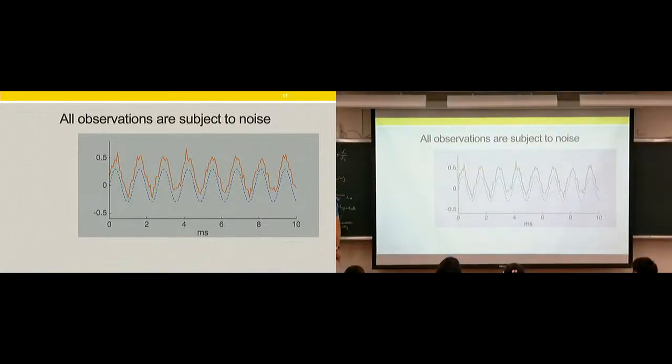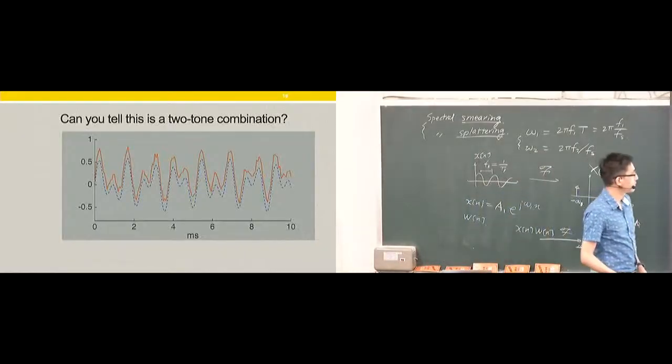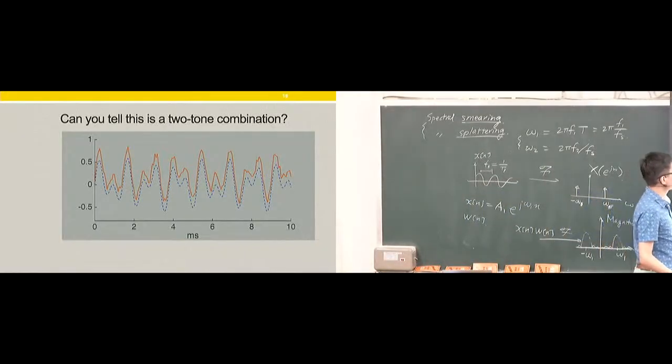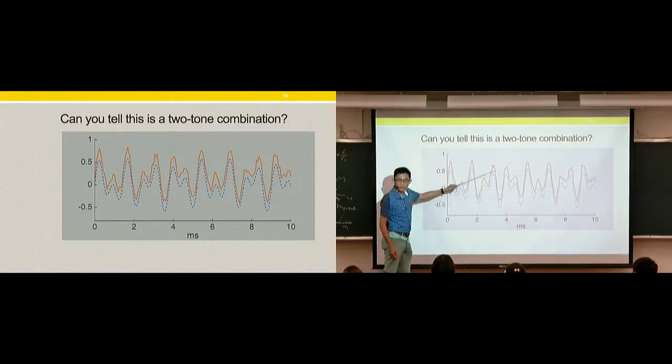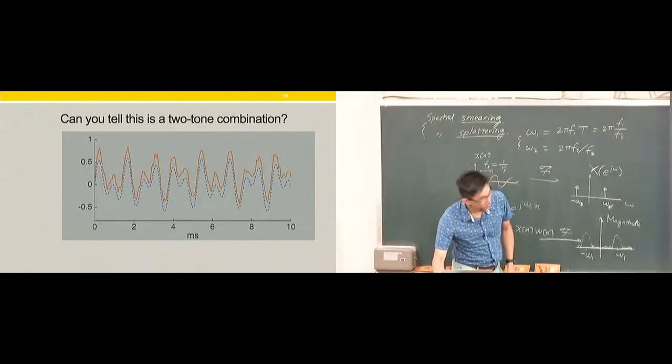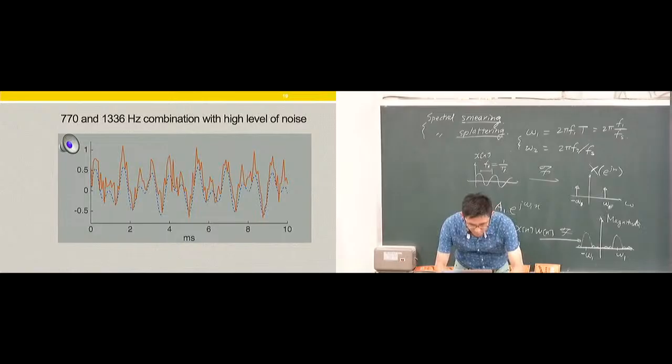But how about this? Can you safely say that this is a two-tone combination plus noise? It's not smooth anymore. It's going up and down in a not so smooth way. Signal plus noise. Now, let's hear it, but I need to make sure the volume is not too loud.